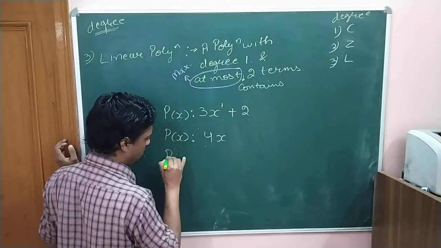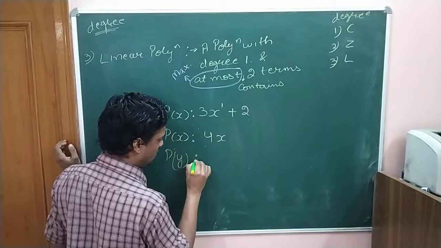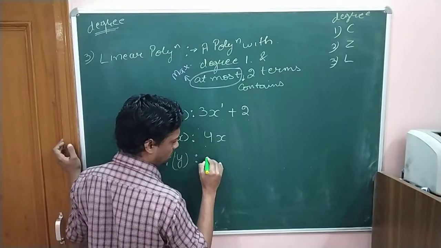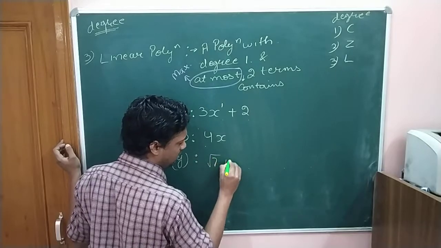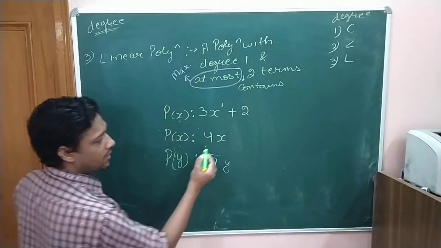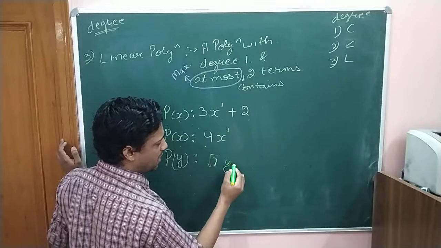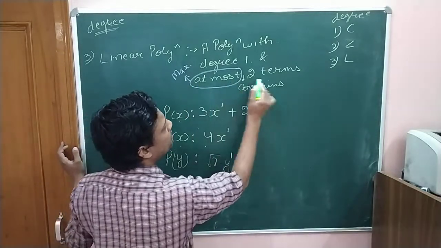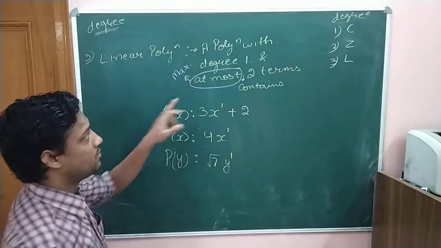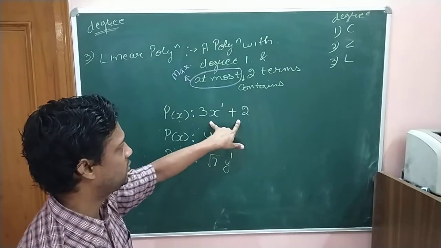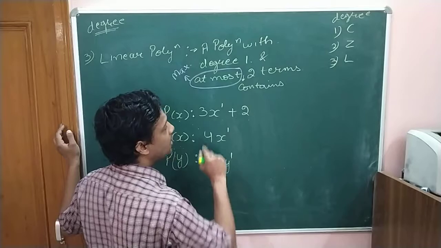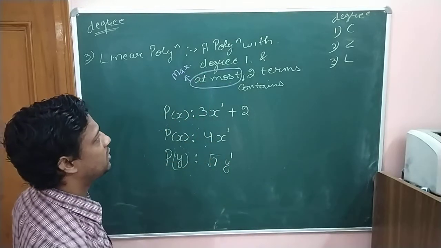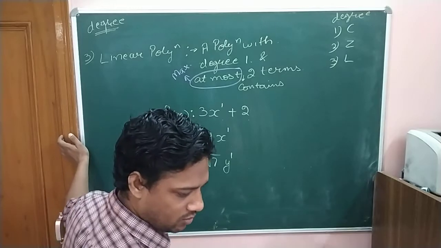Another example, p(y) equals root 7 y, since a polynomial can also be written in y. If the variable doesn't have a degree, then by default it is 1. But I said maximum 2 terms. You cannot write a third term here. Maximum 2 terms means there can be 2 terms or fewer, as many as you like below 2. Clear?